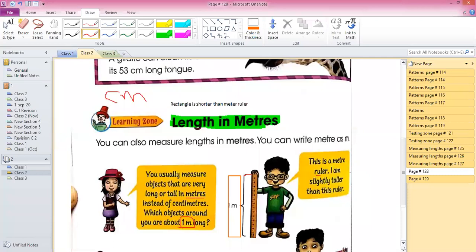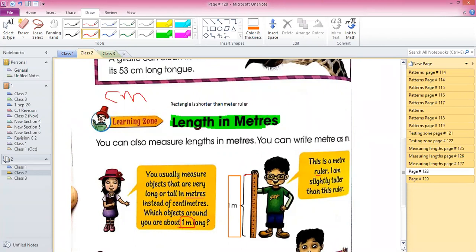Where do we use meters or where do we use centimeters to measure? So guys, we usually measure objects that are very long or tall in meters instead of centimeters, okay? Or we measure small, short objects in centimeters, like pencil, razor, sharpener.